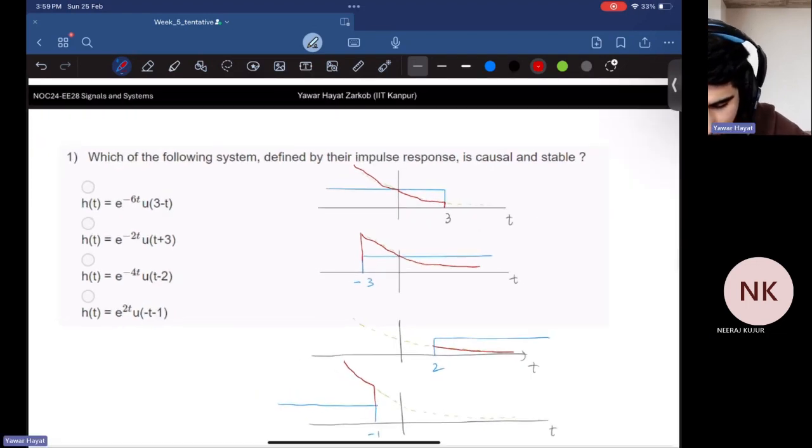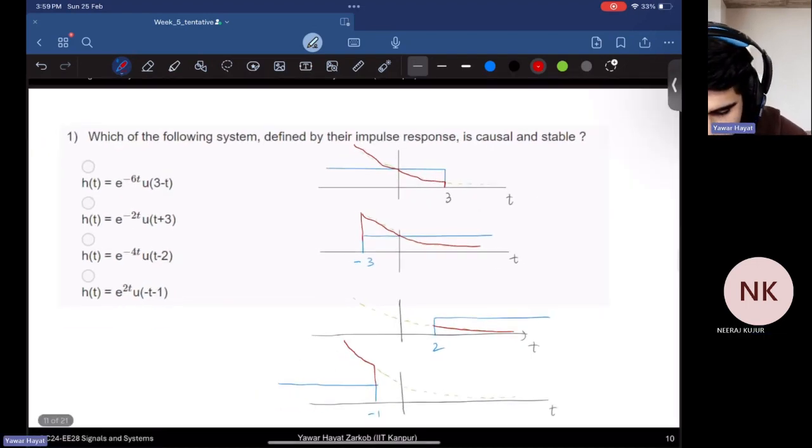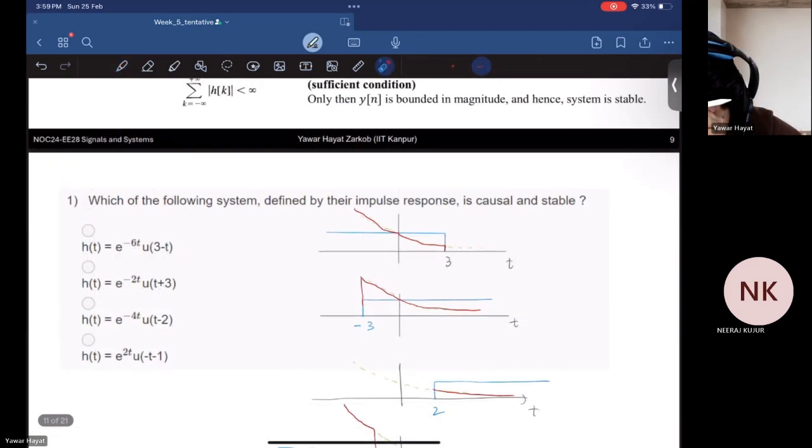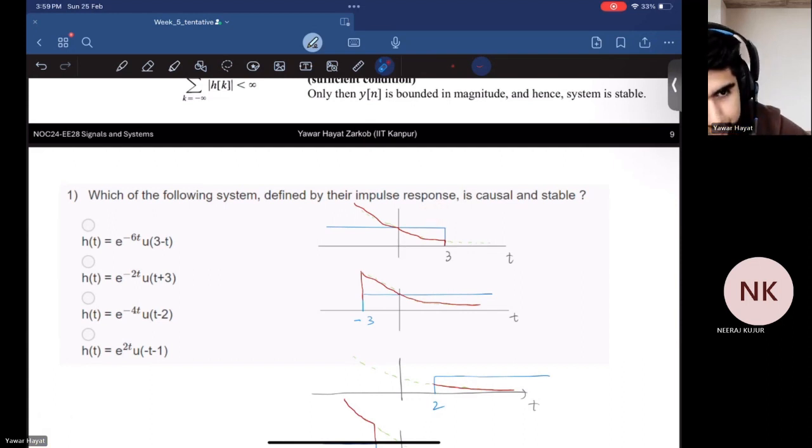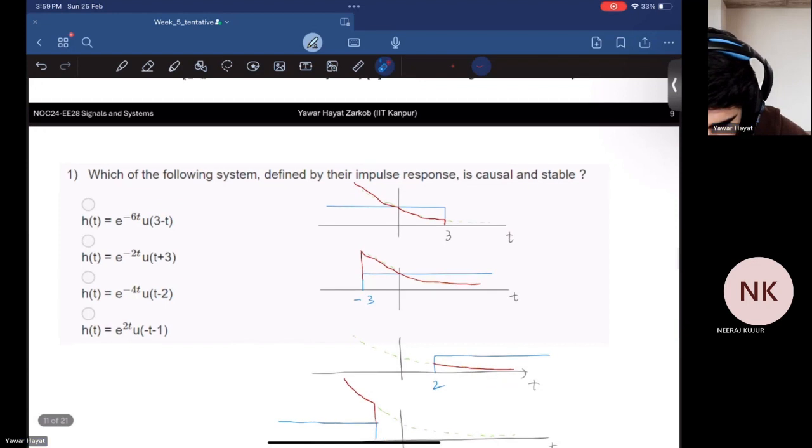Now comment on the causality. Yes, you are right. This is not stable. Sorry for the confusion. So what about the causality?